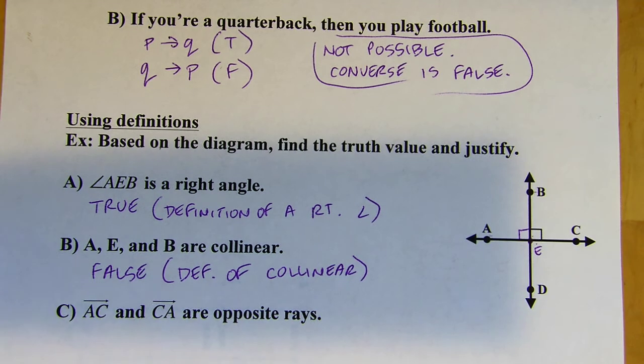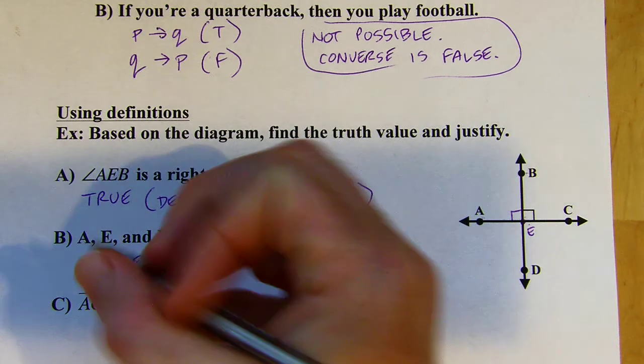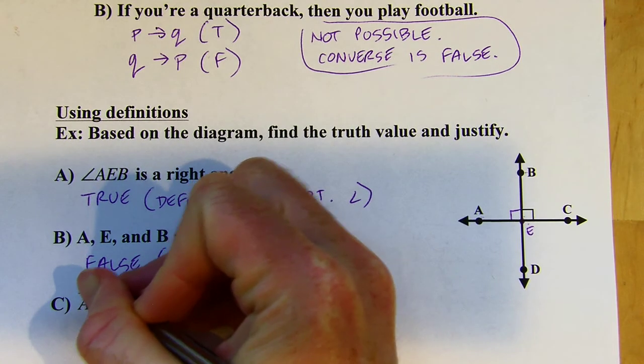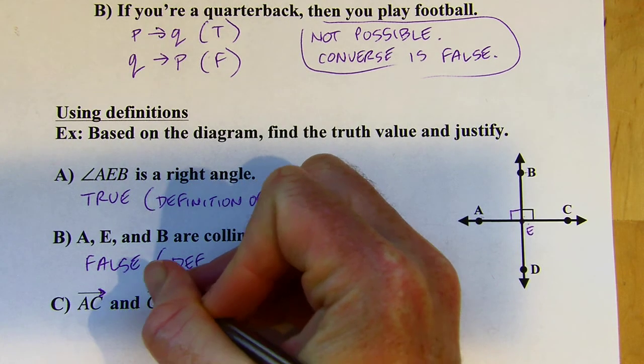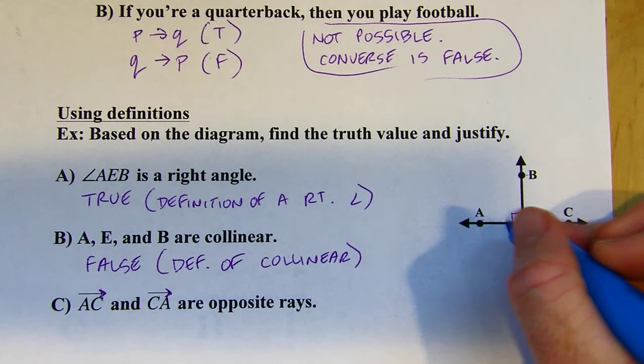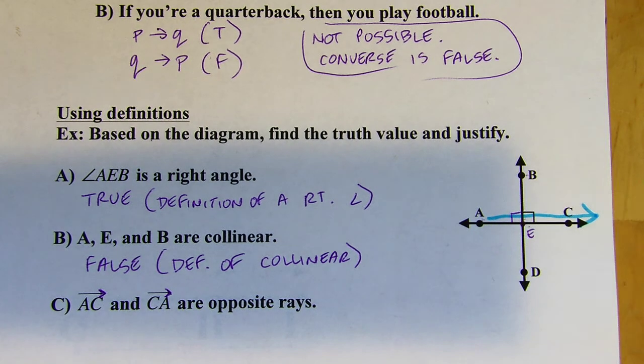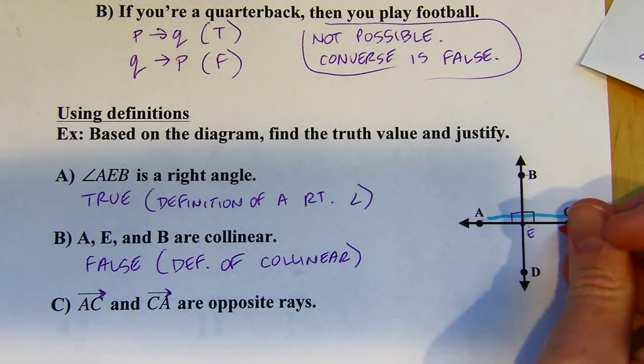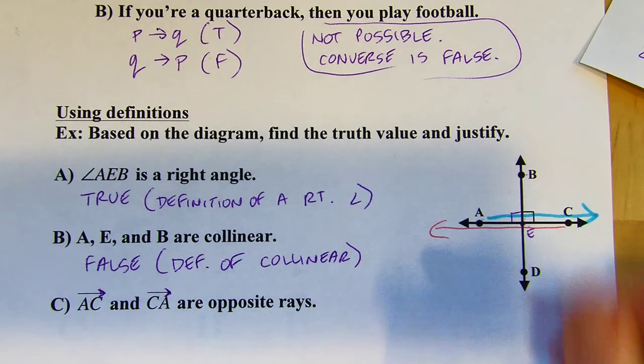Okay, and the last one, it's a little hard to see, but there's little arrows. These are supposed to be symbols for rays. Are AC and CA opposite rays? AC is this ray, and CA is this ray.